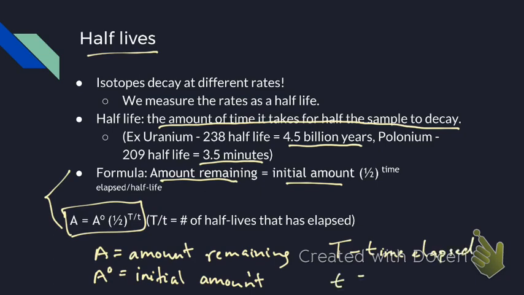And little t is the half-life. Now, I think this is kind of a lot to remember, so there's logical ways to work around these problems. Instead of just remembering time elapsed over the half-life time, you can also remember this is just the number of half-lives.